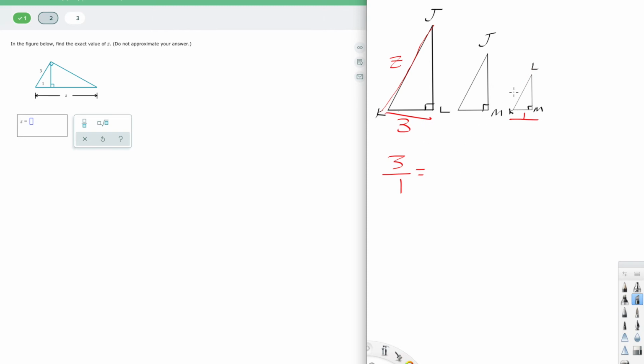Oh, this is also 3. I forgot to fill that in because this would be the length of the smaller one. So I'll have Z to 3. Like that. Sorry, forgot to fill that in.